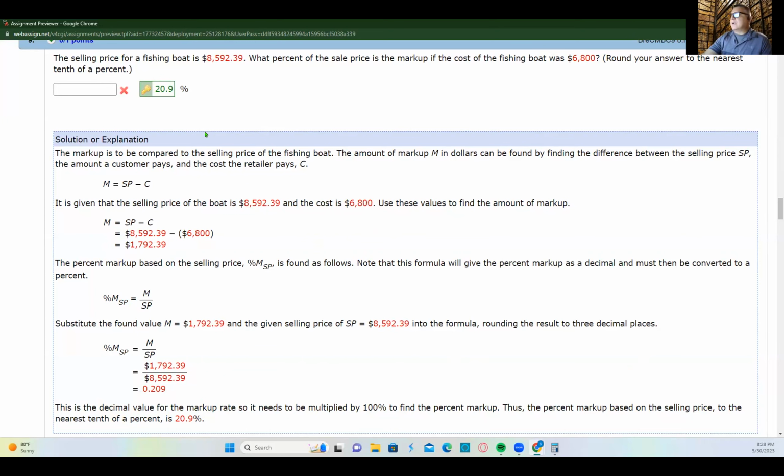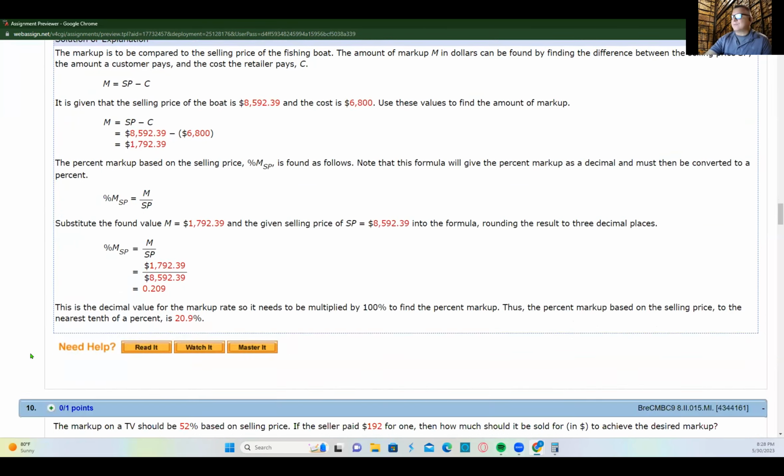Then they're asking what percent of the sale price is the markup if the cost of the fishing boat. So it's markup based on selling price. There's the formula. You plug it in. When you see it in these terms where it just glares out at you, you're like, oh, okay. But when you're trying to do it on your own, I understand it's kind of daunting.